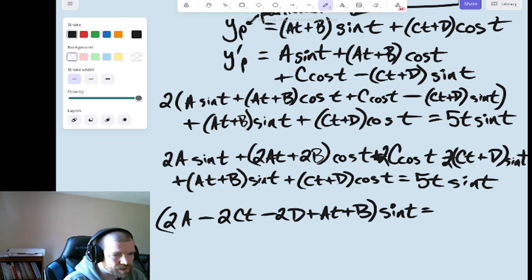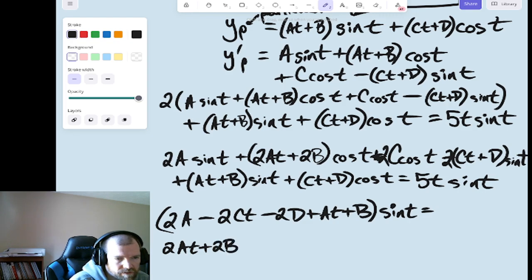And then cosine of t is going to be 2at plus 2b plus 2c plus ct plus d, times cosine of t.